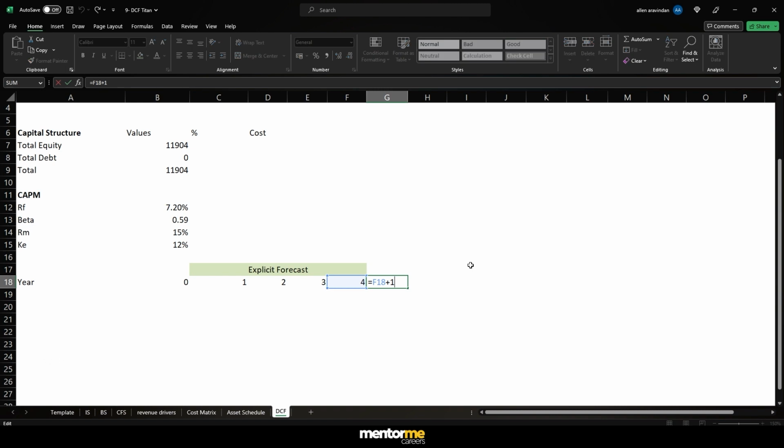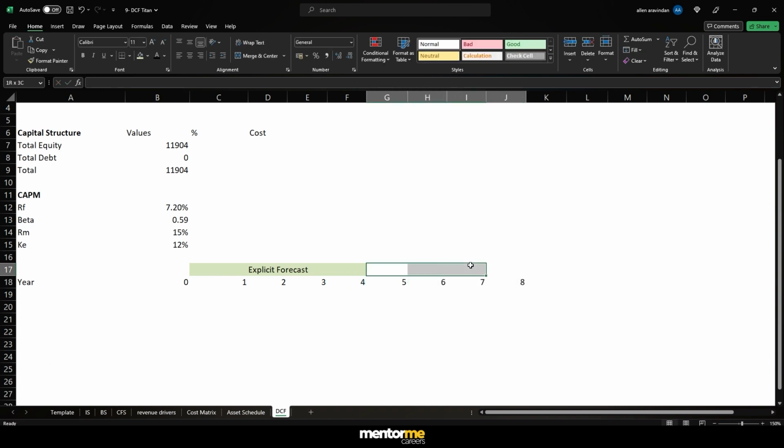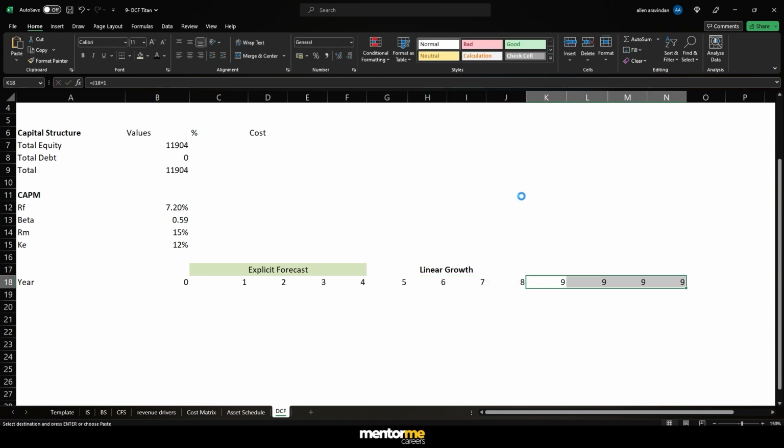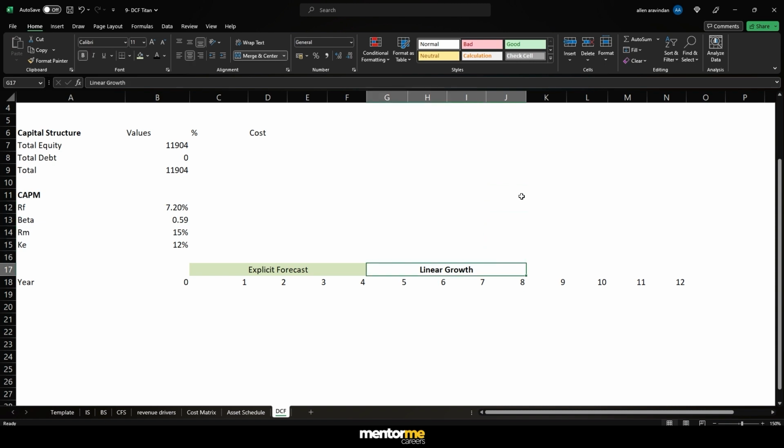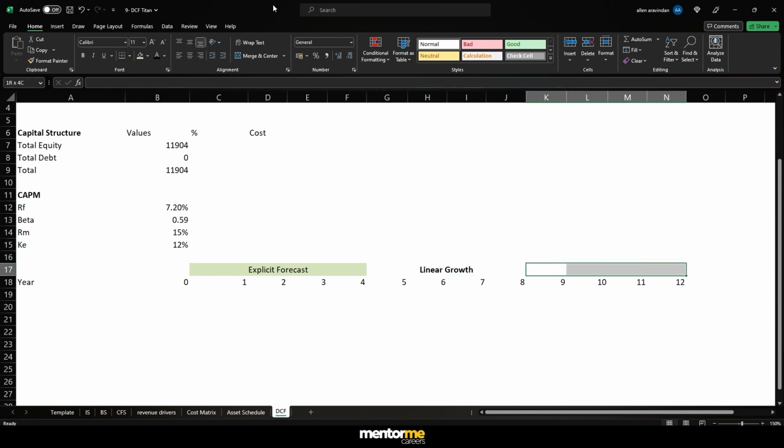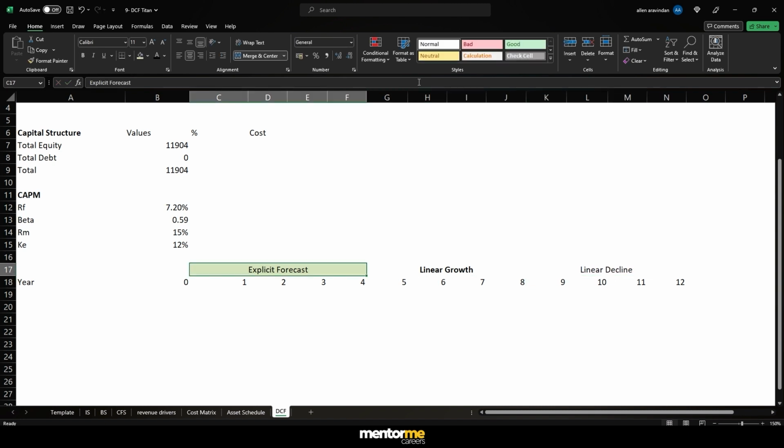So another 4 years we can probably assign to growth, right? And then post that 4 years we will take it as linear decline, right?